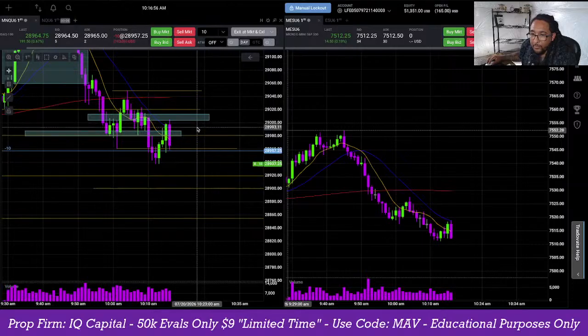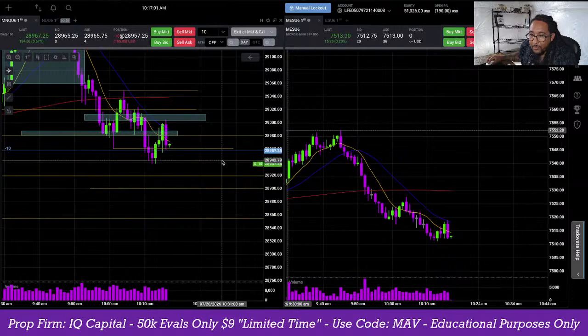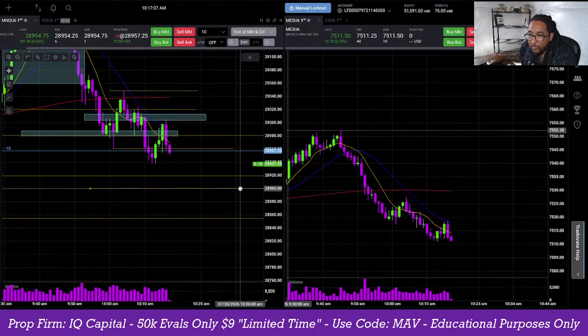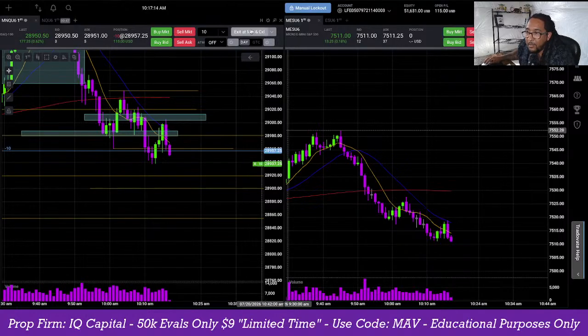I know we did inverse there, but I kind of want to hang on to this to see if we hit these relative equal lows. We still have midnight open down here, so I didn't want to give up on this trade, which is a good draw on liquidity. We have been in a downward trend there.